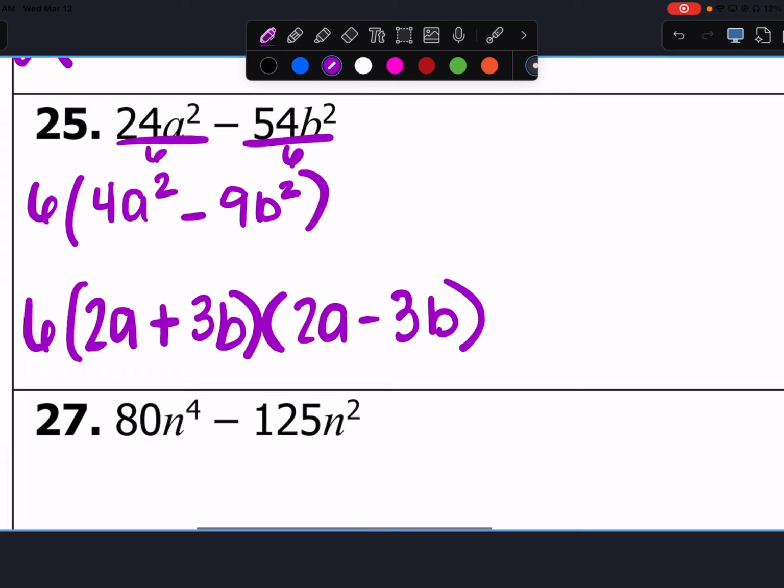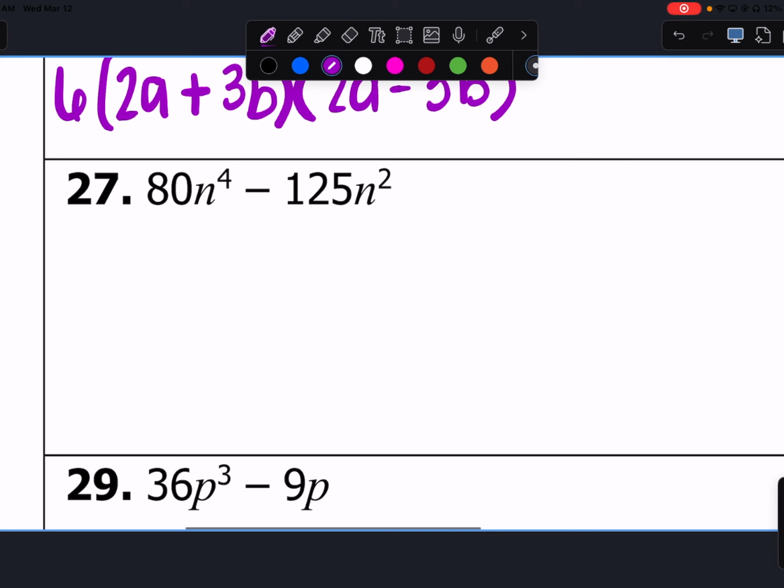All right, so for number 27, what's my GCF? 5, I agree with that. Is that the only thing I can take out? N squared. Okay, because that n squared is in both of them, so we can go ahead and take that out. What is 80 n to the 4th divided by 5n squared? What was that? 16 n.